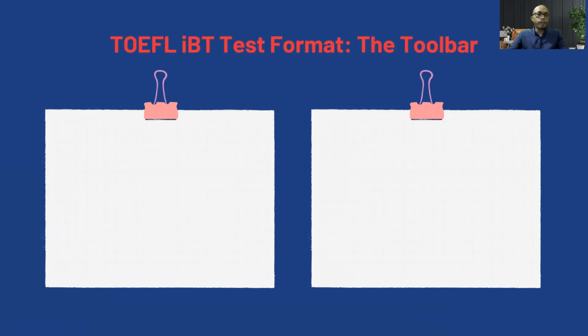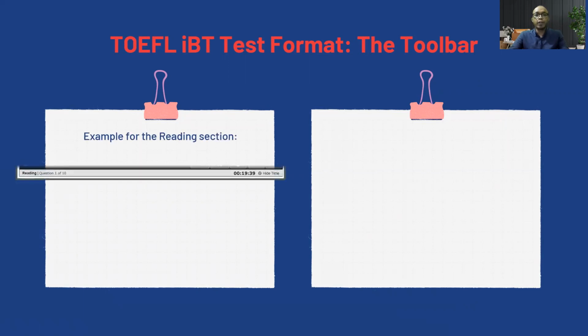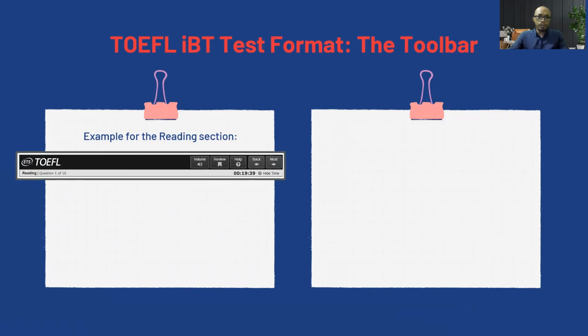Another feature that will also affect the format of the test is the toolbar. Since you are taking the test on a computer, you will be provided with an application or software, and this software comes with a toolbar to help you during the test. This is an example in the reading section with all the features on the toolbar.